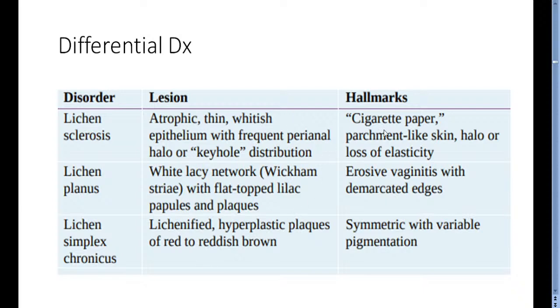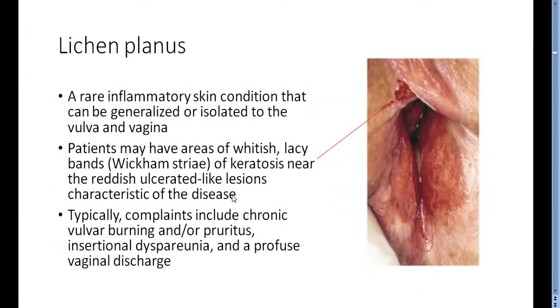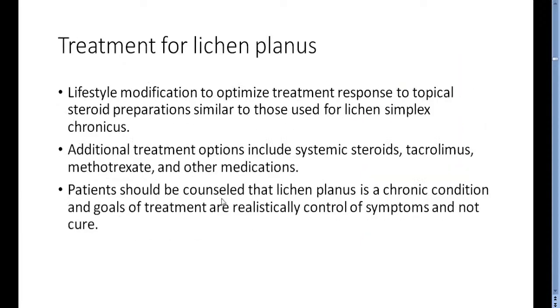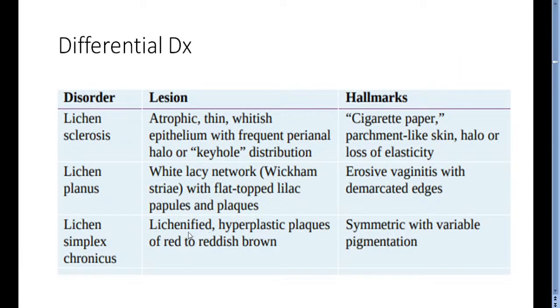You see lichen sclerosus, cigarette paper, patch-like paper, and lichen planus, white lacy network, Wickham striae with the reddish color, ulcerated lesions, and lichen simplex chronicus, usually hyperplastic plaques of red and reddish-brown color.